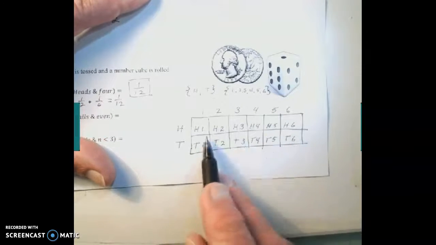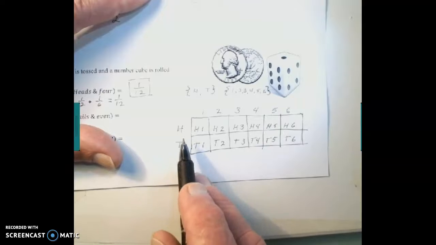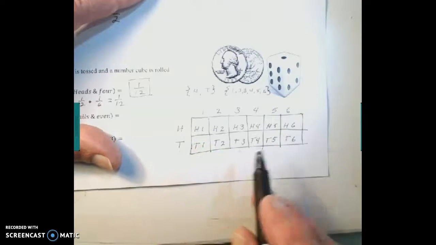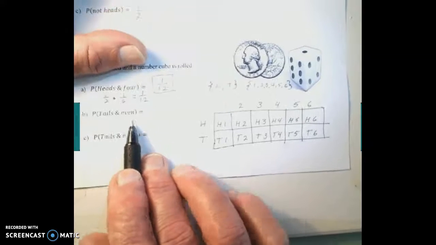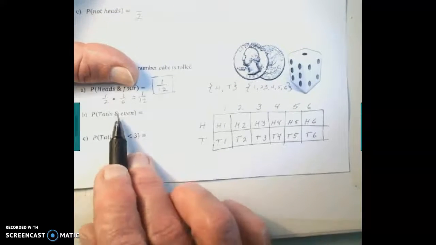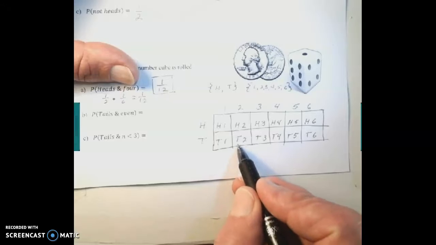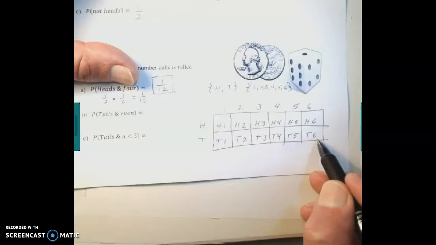12 total possible outcomes. And again, you can multiply the possible outcomes for each event. 2 times 6, 12 possible outcomes. So the probability of getting tails and even, we can now just read it from the chart. Tails and even, the good answers would be T with a 2, T with a 4, T with a 6.